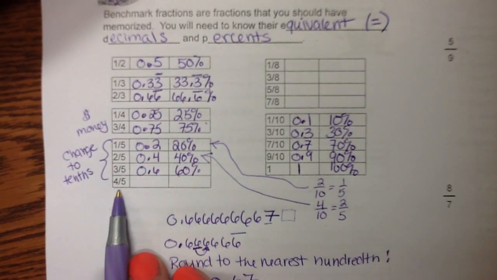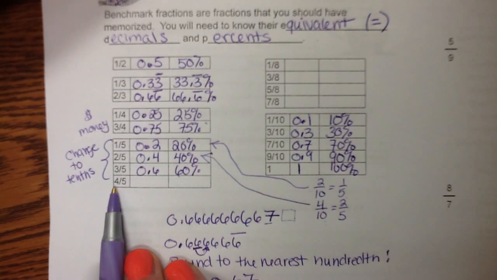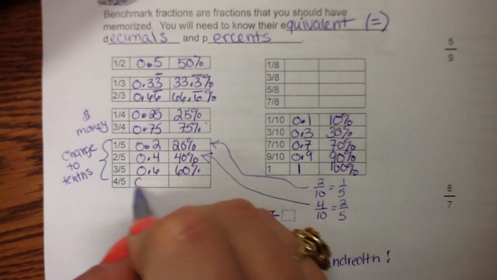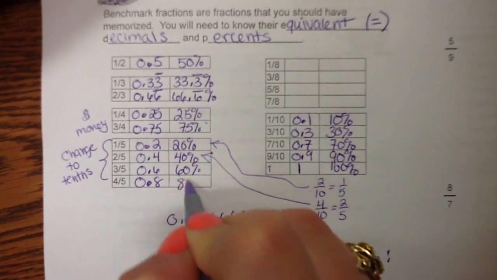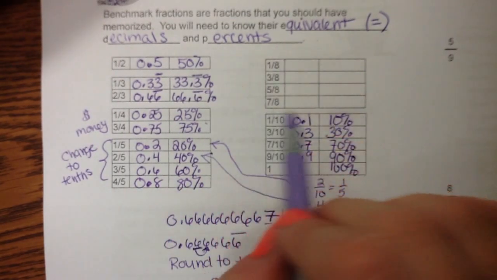And 4/5, 5 times 2 gives me 10, 4 times 2 gives me 8, so that would be 8/10, 0.8, or 80%.